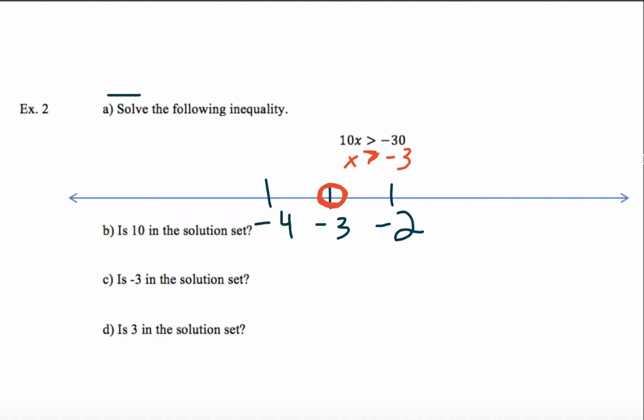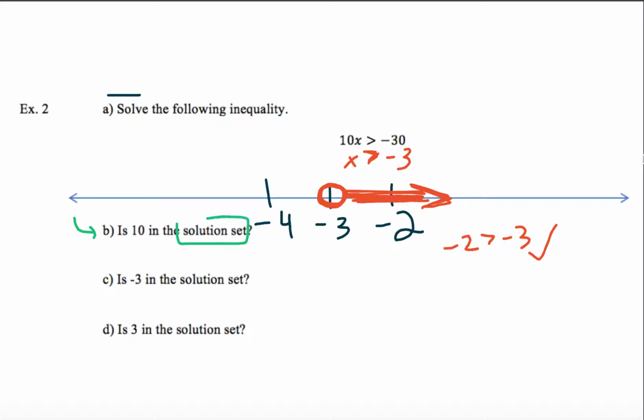It tells us to use an open circle because it's not included. And we have to shade in the true direction. This said x is greater than negative 3. So we're going to shade to the right because negative 2 is greater than negative 3. There we go.